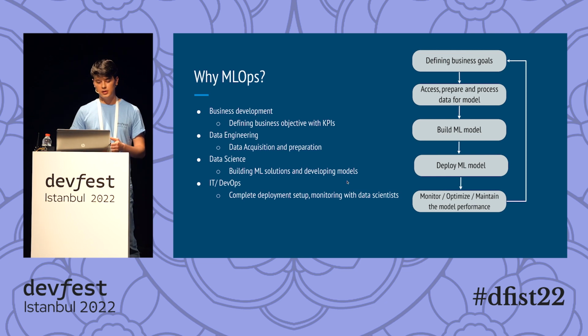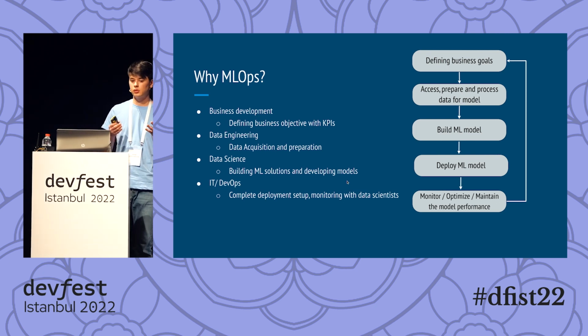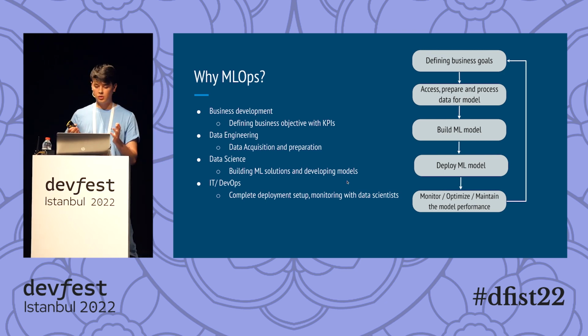IT DevOps. After we get a working model, we need to deploy it somewhere, like on the cloud or something else. The IT and DevOps department need to deploy it and monitor it with data scientists.